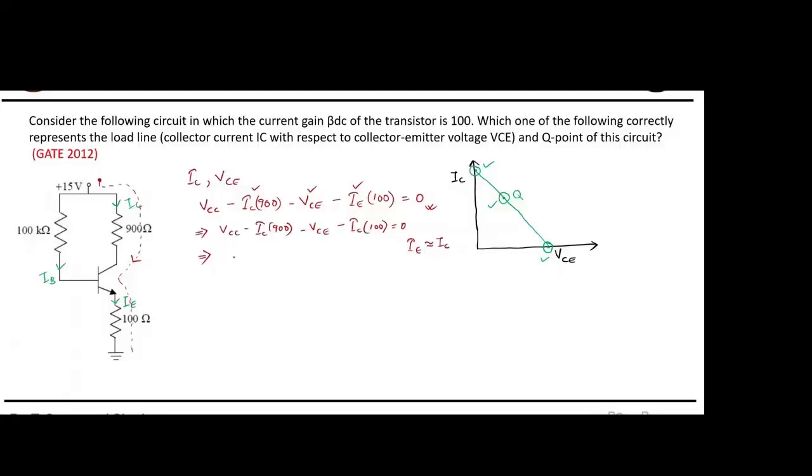Then I can write VCE is equal to VCC minus IC times (900 plus 100), so VCE equals VCC minus IC times 1000. Now, in this equation, if I put IC equals 0, then I will get this point.